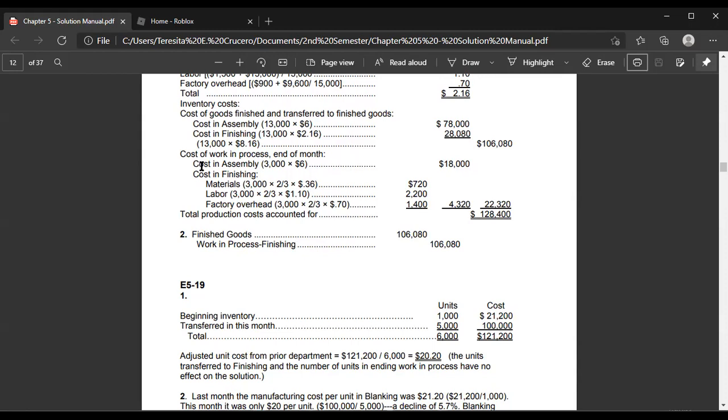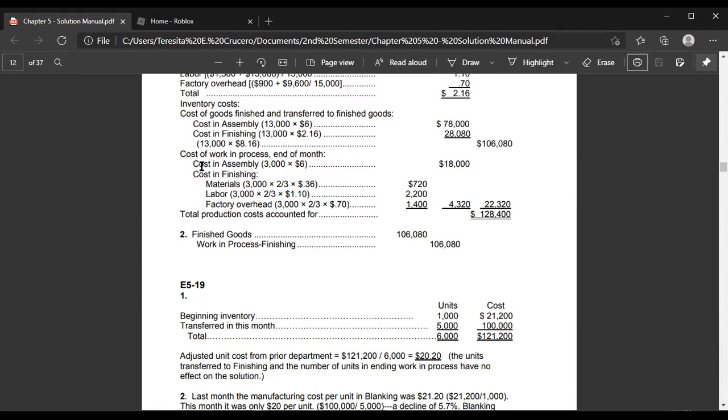So Charleston Can Incorporated has 1,000 units in process in forming at the beginning of the month with a transferred cost of 21,200 from blanking. During the month, 5,000 units with a total cost of $100,000 are received from blanking.